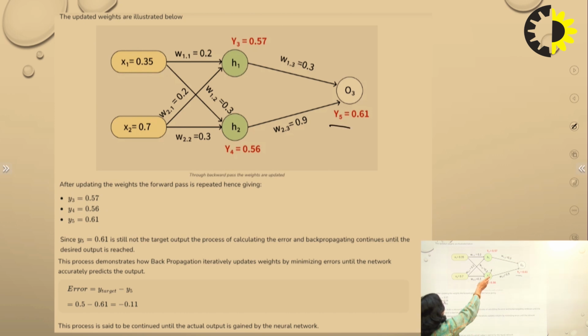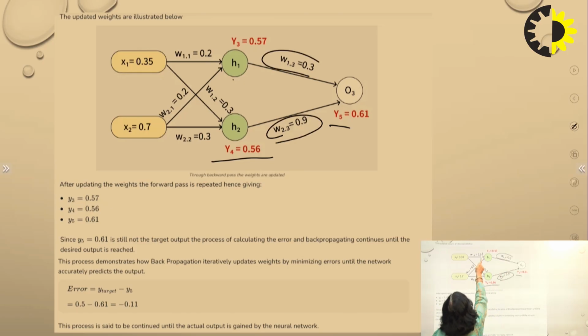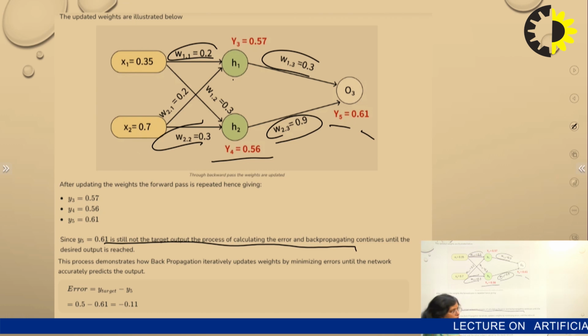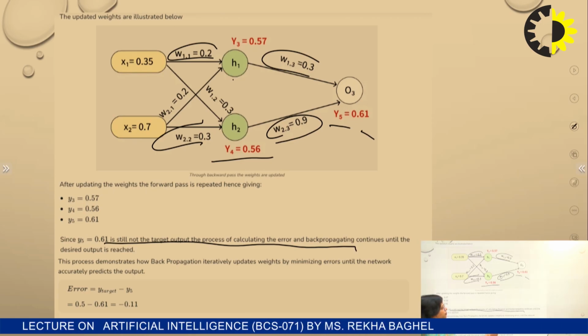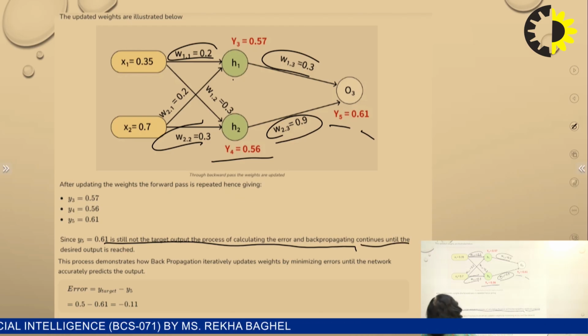The output produced by this node is now 0.57, the output produced by this node is 0.56, and finally the output produced using these updated weights is 0.61. So 0.61 is still not the targeted output. We have not reached the expected output yet. So what can we do now? Backpropagation continues until the desired output is reached.